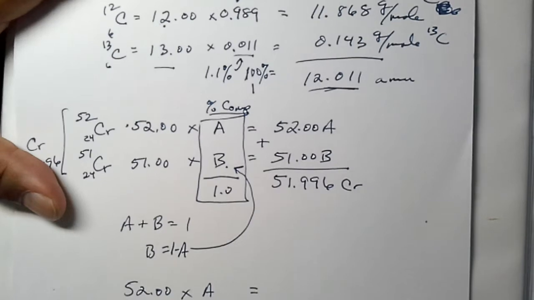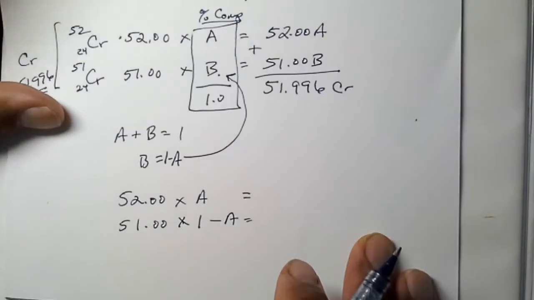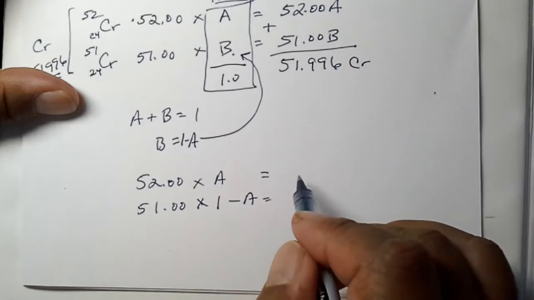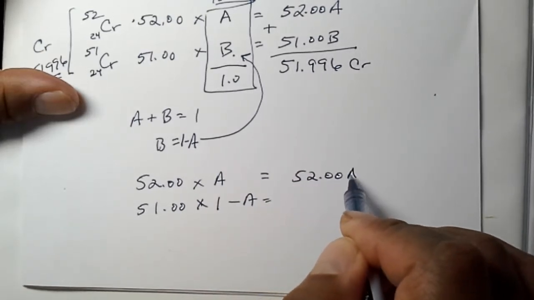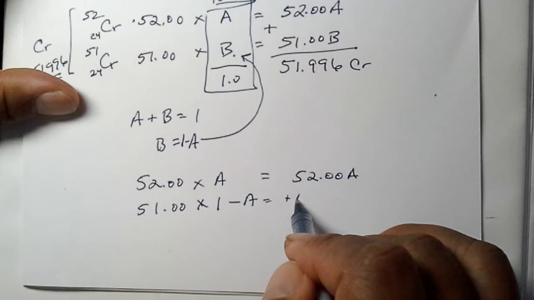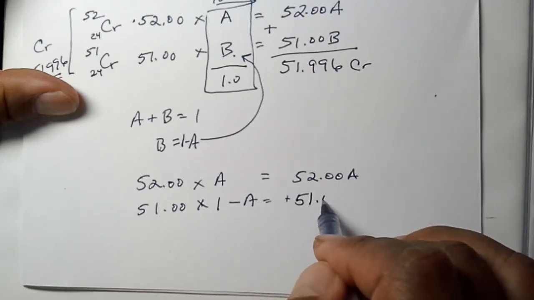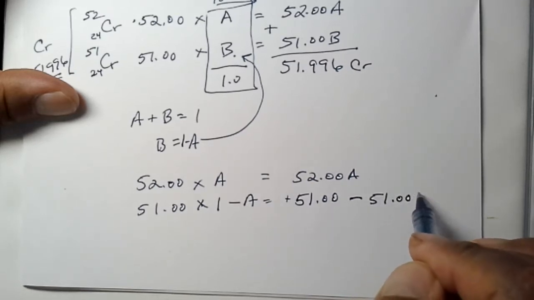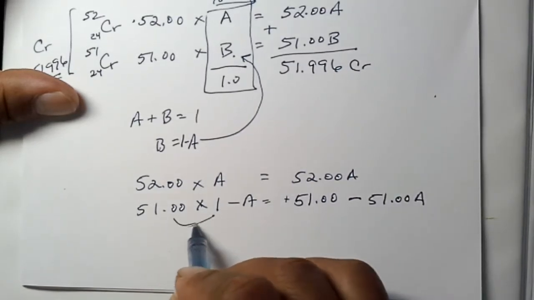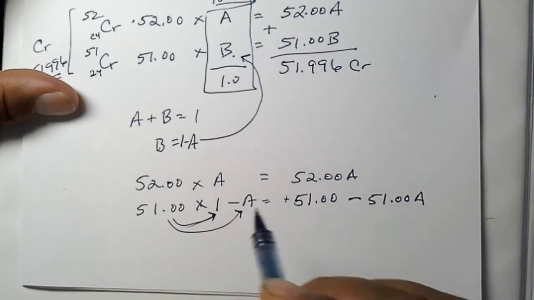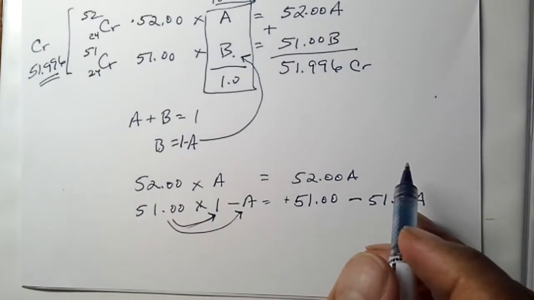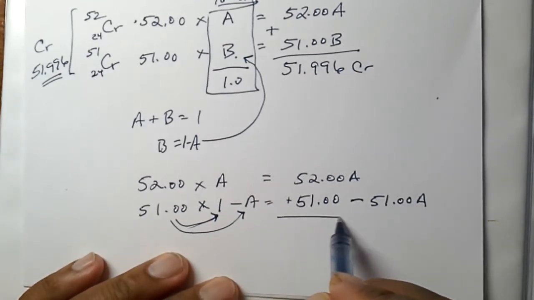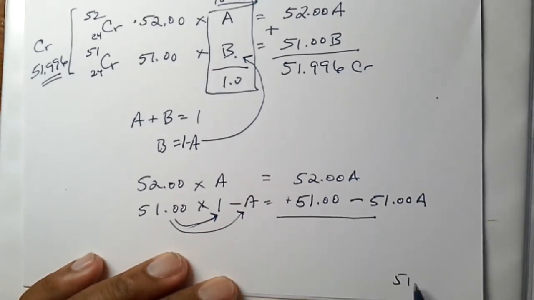If we multiply this out, we're going to get 52.00A plus 51.00 minus 51.00A, because we simply distributed 51 to 1 and A minus A. And again, we're adding these up to equal our 51.996, which is our final atomic mass unit.